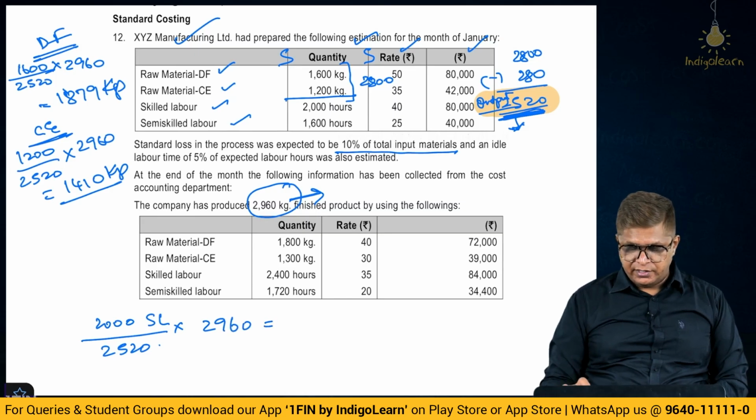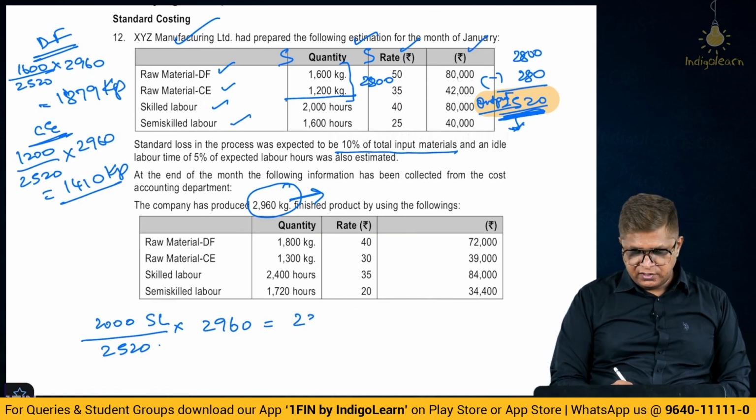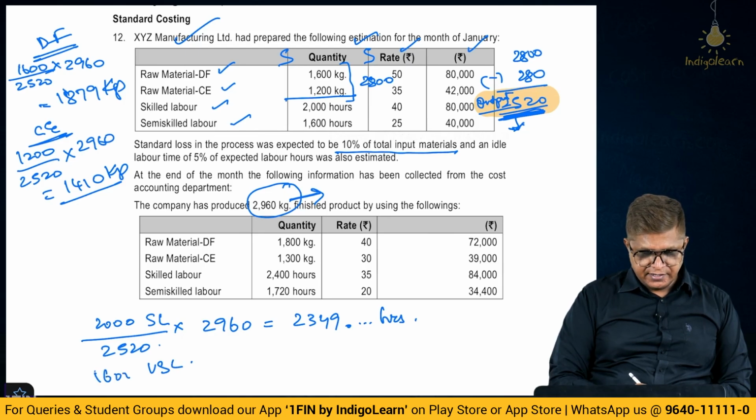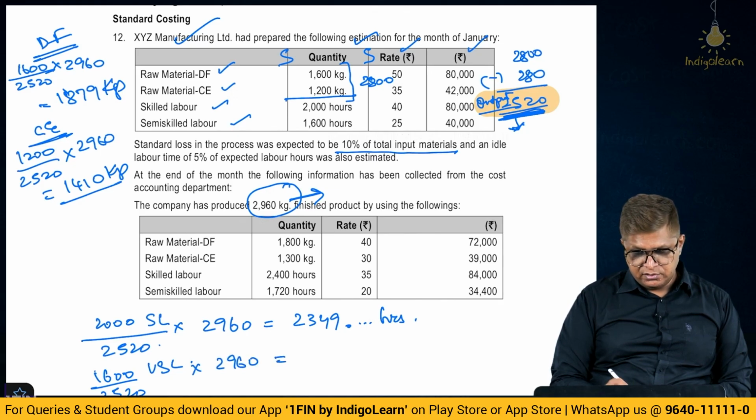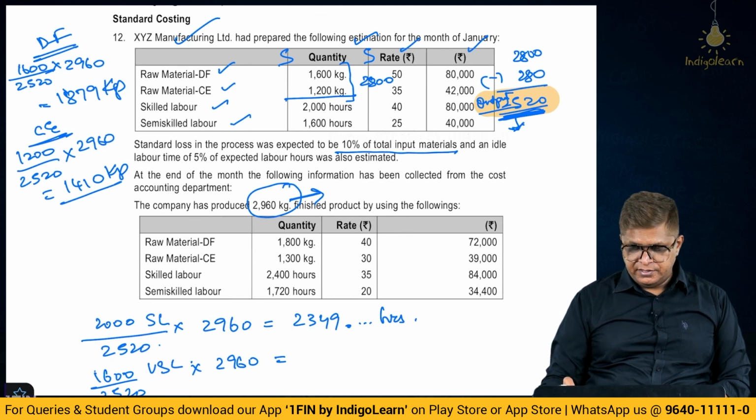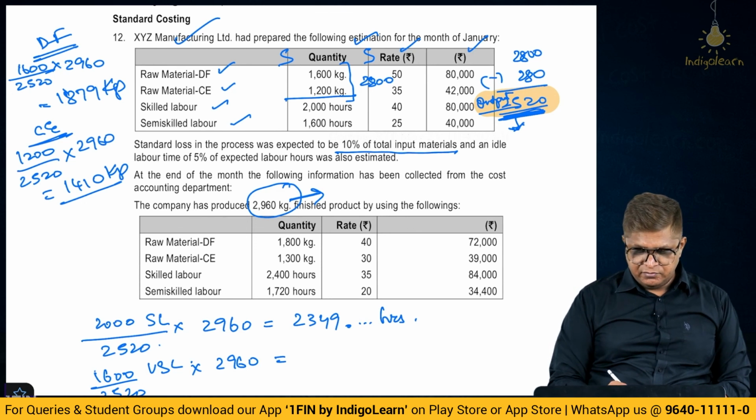We are going to require 2000 divided by 2520 into 2960, which is 2349 point some change hours. Likewise, for unskilled labor, it will be 1600 by 2520 into 2960, that will come to 1879 point some 36 or 37 hours.